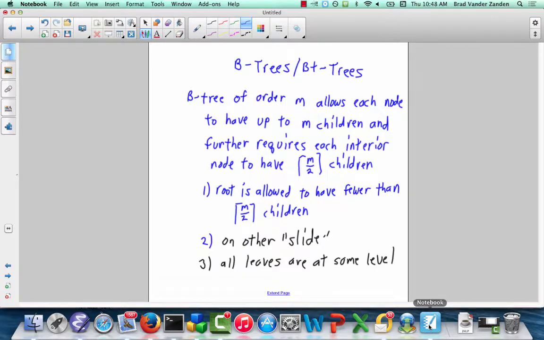So the leaves may have how many keys do you think is the maximum for a leaf? It's m minus 1.